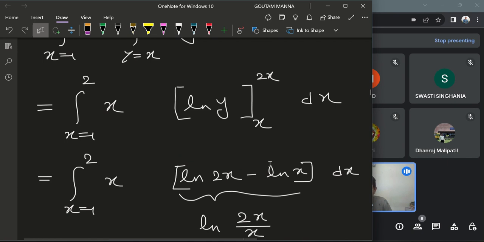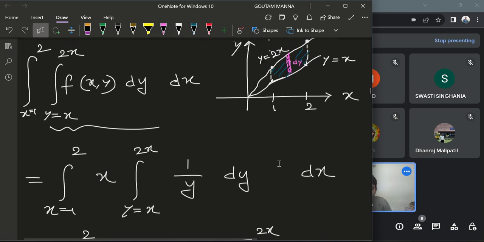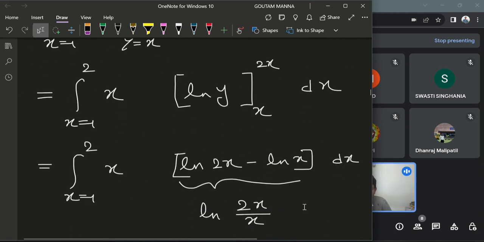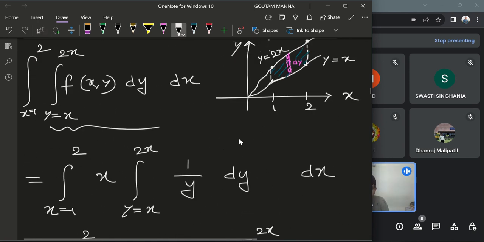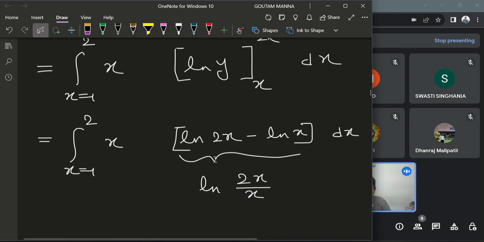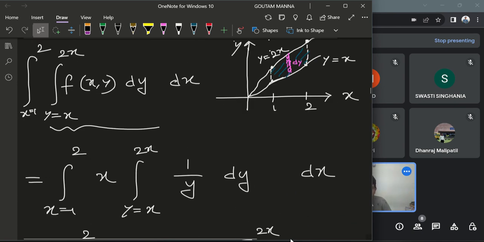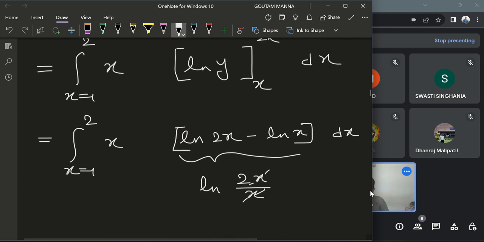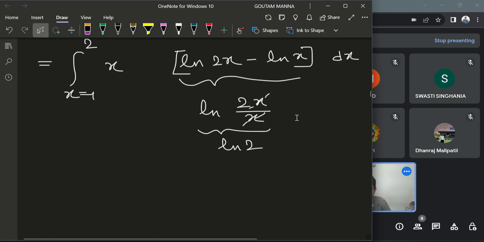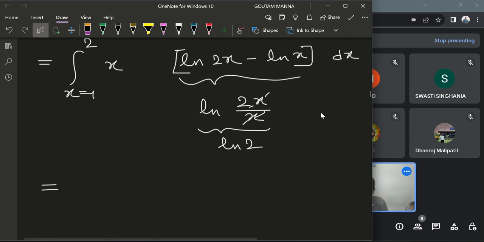And now while we are integrating, at any point we are not taking x equals 0, so we are going from x equals 1 to 2. So in that case we can cancel this x, as x is not equal to 0 throughout this integration limit. So in that case this will be ln 2, and it's a constant, so I can put it outside the integration, and we are left with x dx where x equals 1 to 2.